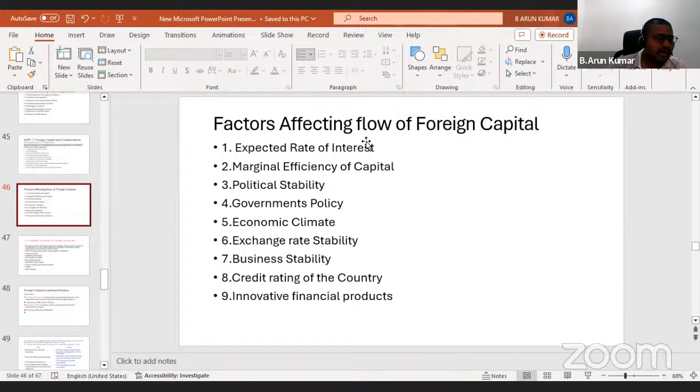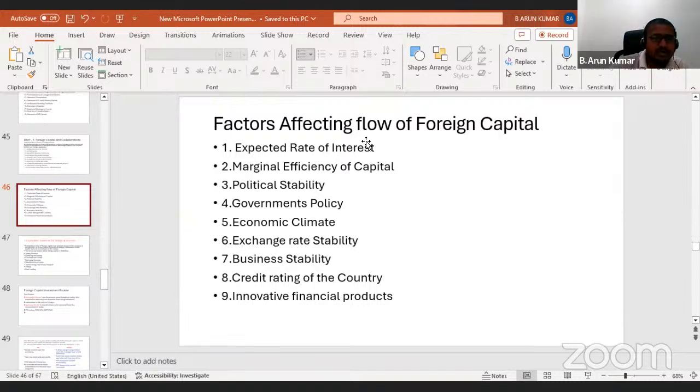So based on the marginal efficiency, foreign institutional investors or FDIs are attracted to that particular country's foreign investments.